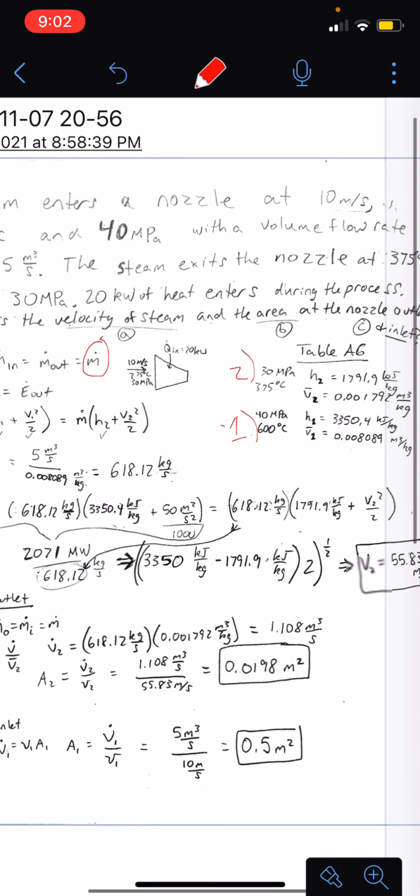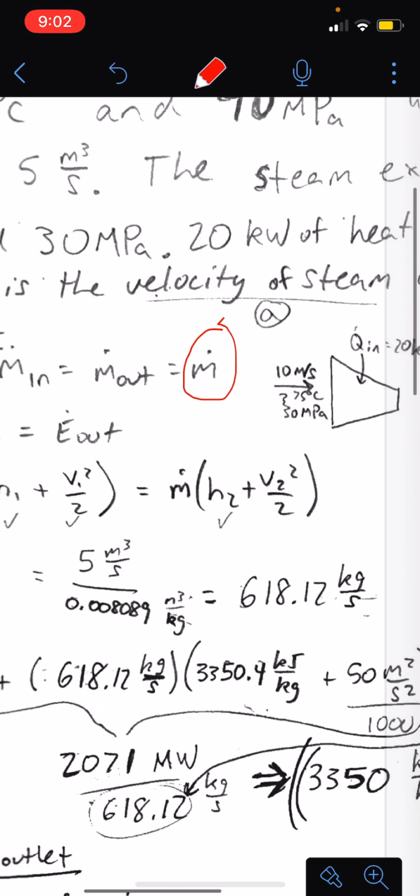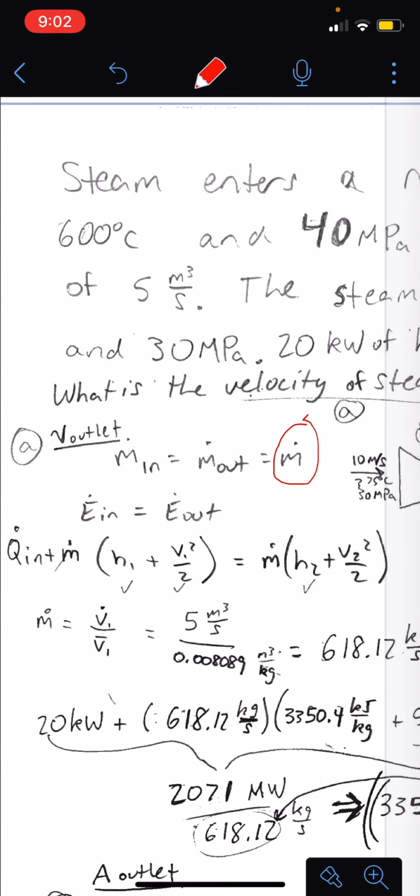So checking off what we have: H1, we have our V1, which was given in the problem. We have H2. We're looking for V2. And we also have our heat in.